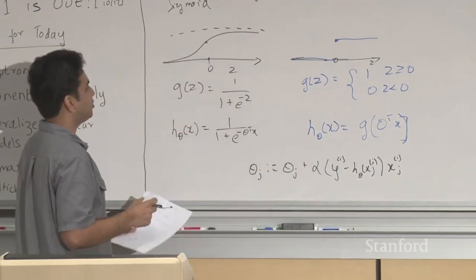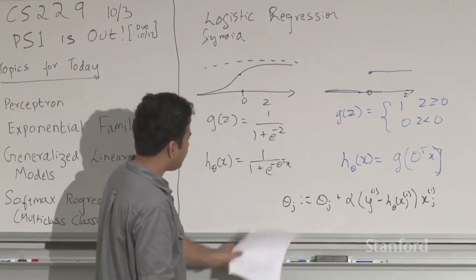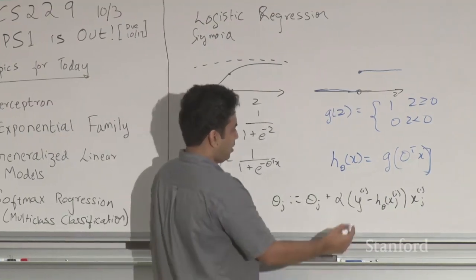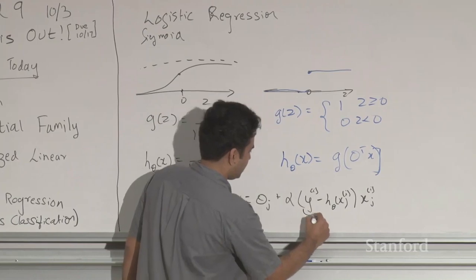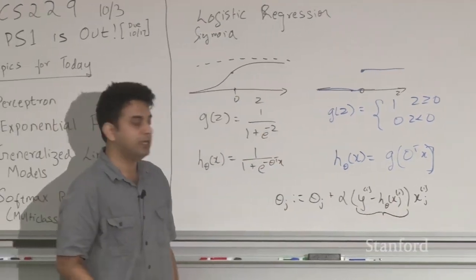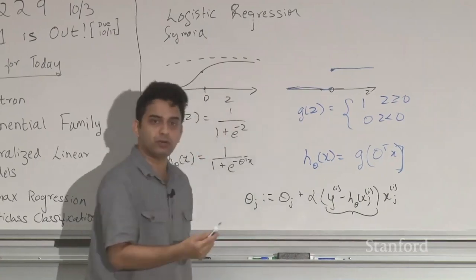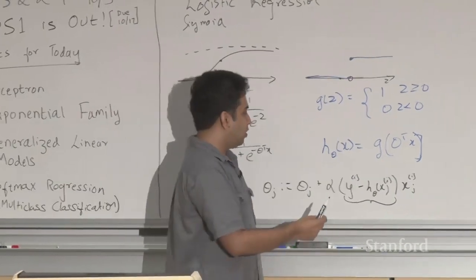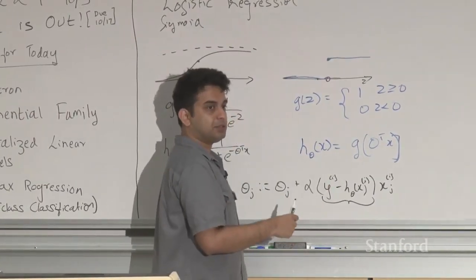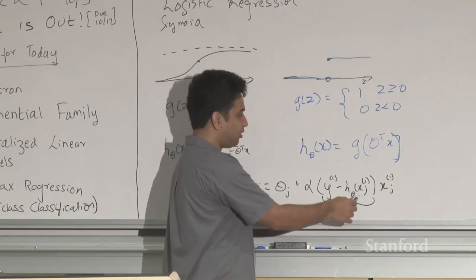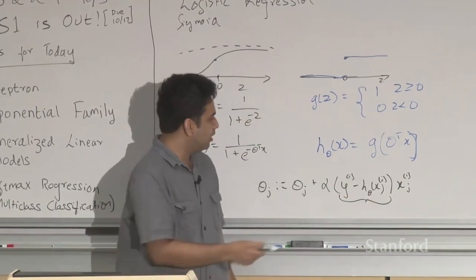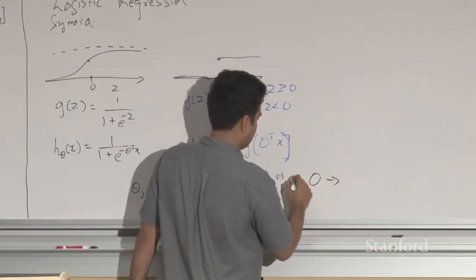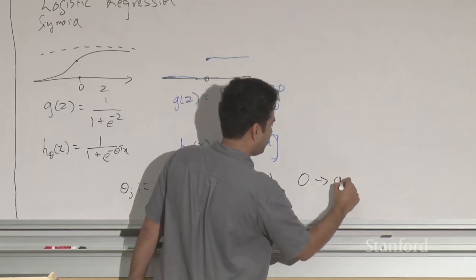So what's happening here? If you inspect this equation to get a better sense of what's happening in the perceptron algorithm, this quantity over here is a scalar. It's the difference between yi, which can be either 0 or 1, and h theta of xi, which can also be 0 or 1. When the algorithm makes a prediction of h theta of xi for a given xi, this quantity will be 0 if the algorithm got it right already.